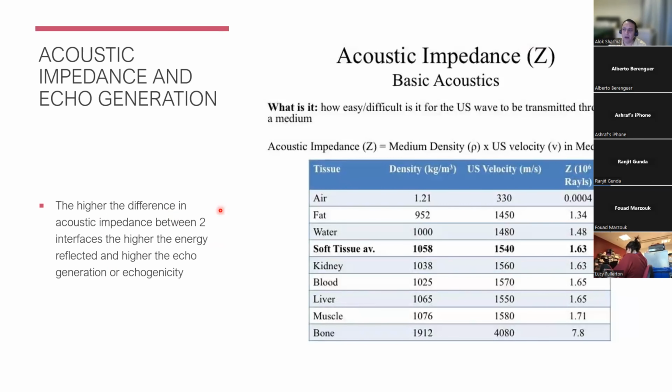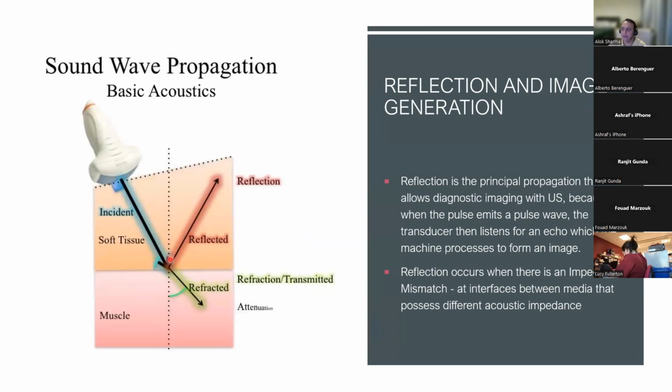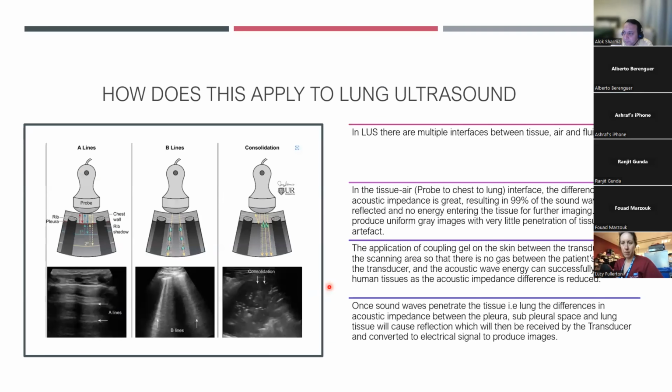But it's very important to understand this concept of acoustic impedance because it is responsible for reflection, and reflection is the principal diagnostic imaging principle. So the more the reflection, the brighter the image, and that's really what is producing an image. Reflection occurs when there is significant impedance mismatch, and those surfaces will appear echo bright.